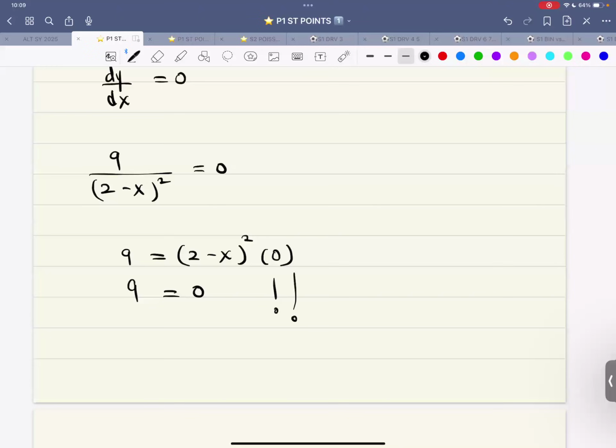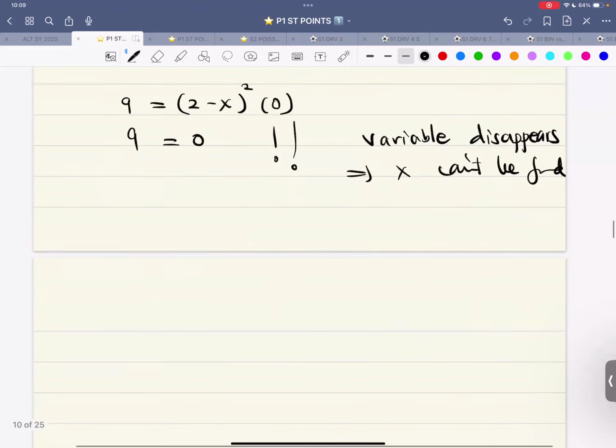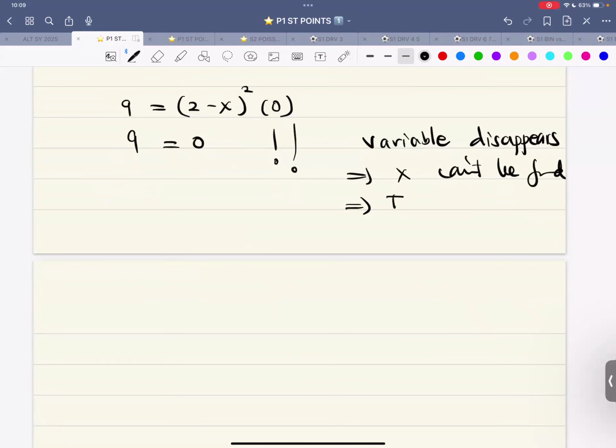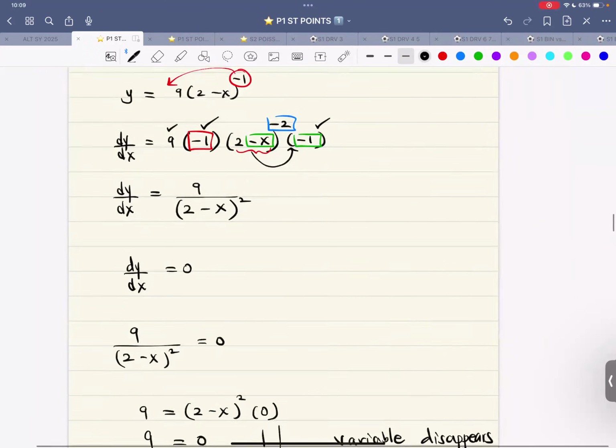What is this? The variable disappears. We cannot make x the subject. Therefore, x can't be found. And when x can't be found, that means there is no stationary point. That is the logic.